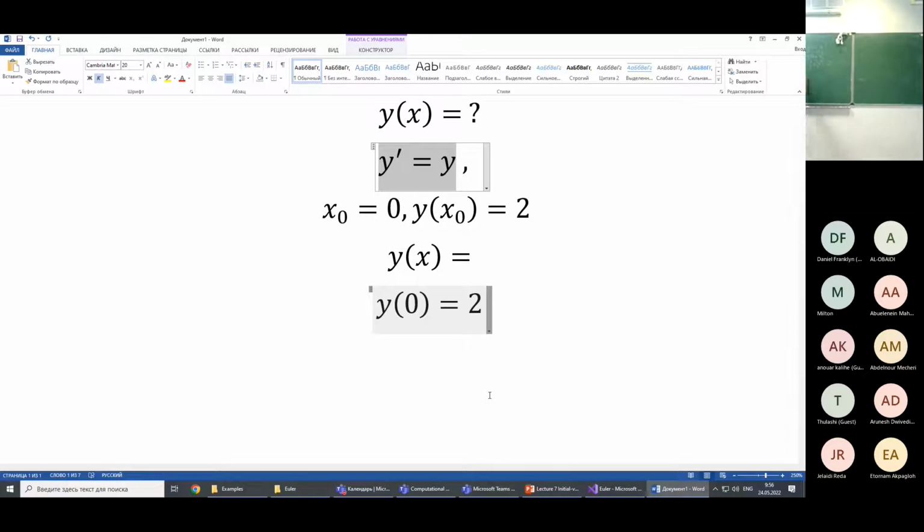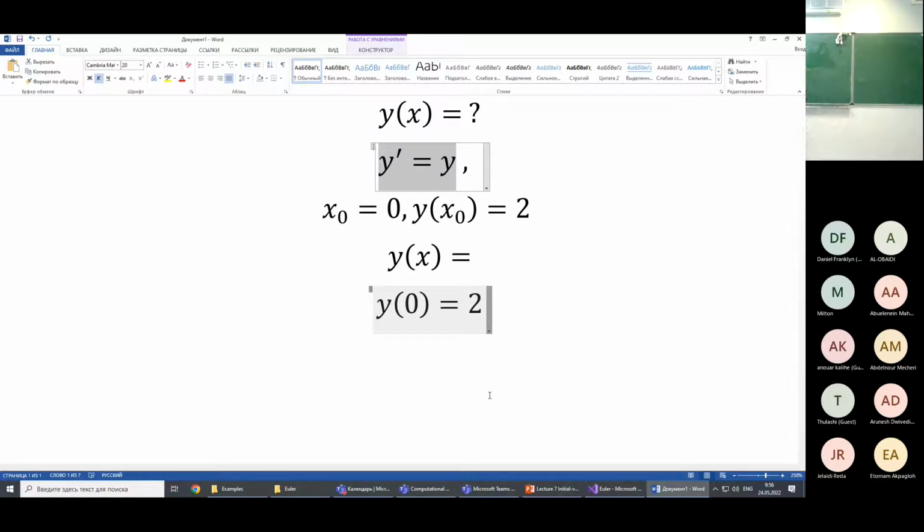Y is a function of x. When I ask you about y, you should give me a function that depends on x. Y prime equals y.